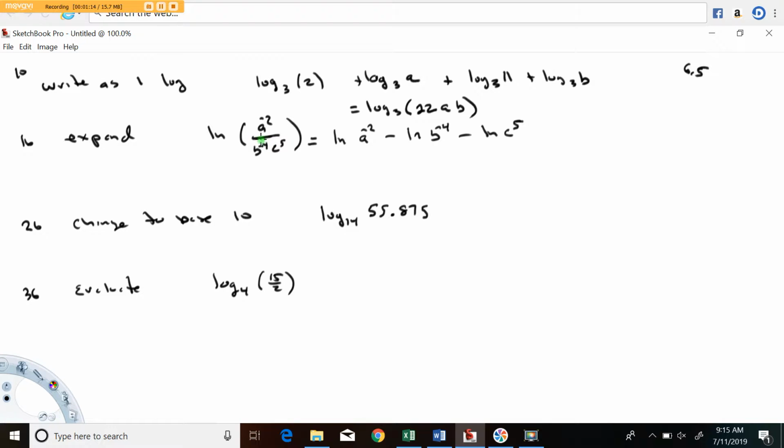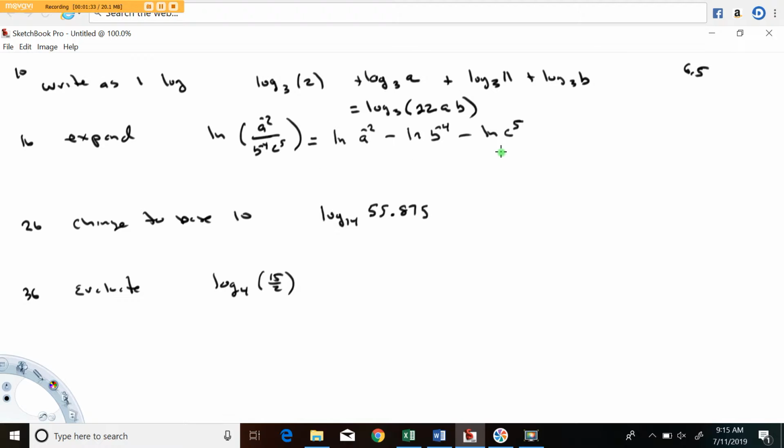Minus because this thing's in the bottom. Again, minus because this thing's in the bottom. If you wanted to rewrite this and, for example, put these 4 b's upstairs and these 2 downstairs, like write this natural log b to the 4th over a squared c to the 5th and then work it, it's perfectly fine. This thing is expanded.